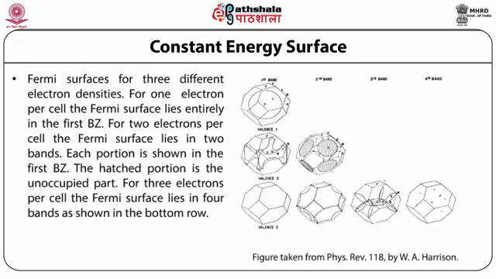For 2 electrons per cell, the Fermi surface lies in 2 bands. Each portion is shown in the first Brillouin zone. The hashed portion is the unoccupied part. For 3 electrons per cell, the Fermi surface lies in the 4th band as shown. So you can see how the Fermi surfaces change when one changes the electron density per cell. That is, they change from the first to the second and from the second to the third Brillouin zone.